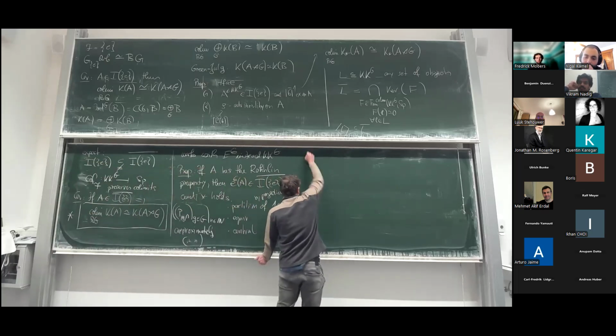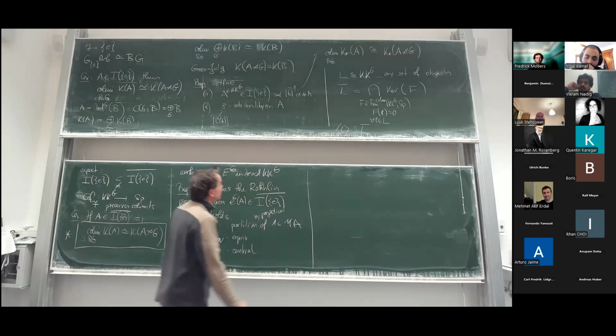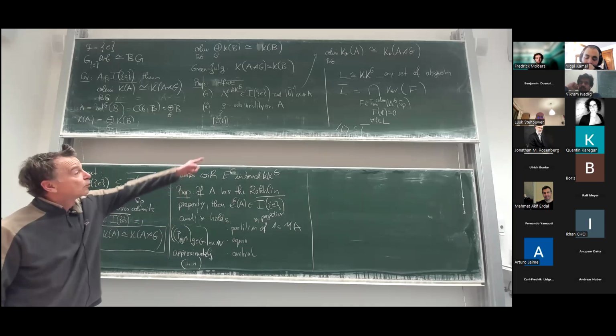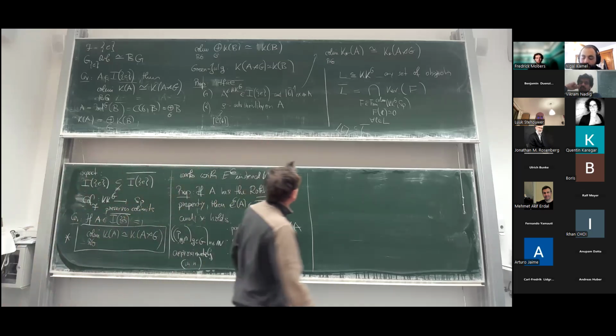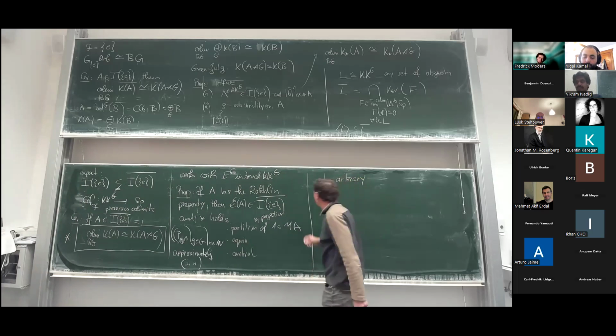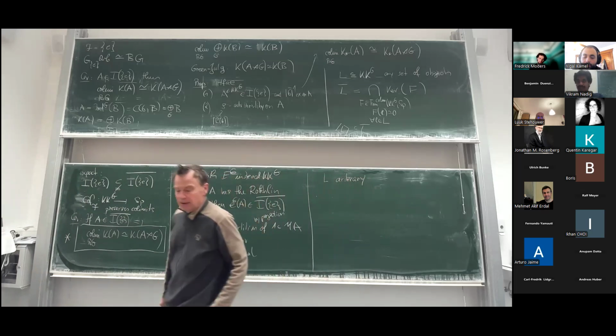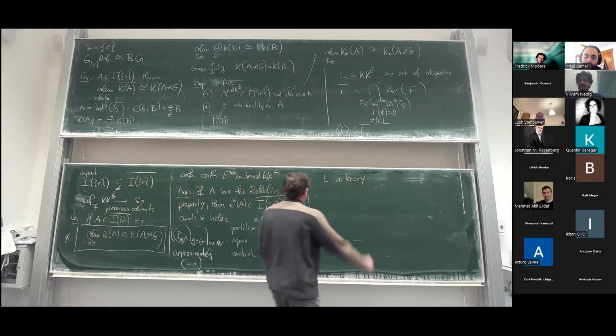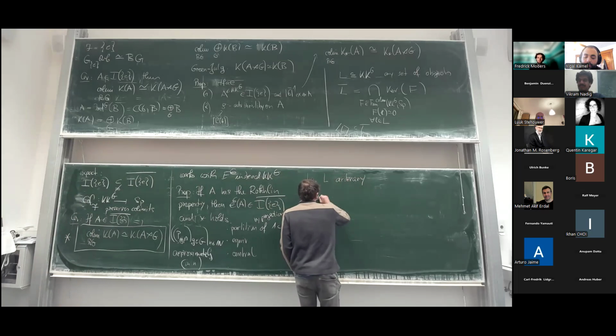Okay, now let me, just to illustrate this, give a little bit more closure properties of such classes. So now L is somehow arbitrary. Maybe a lemma.